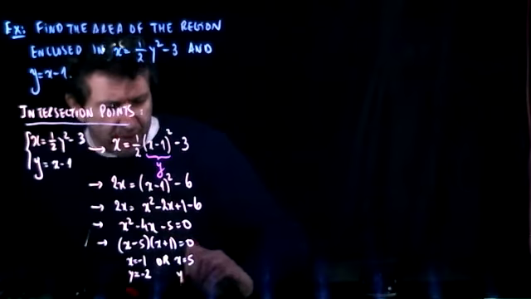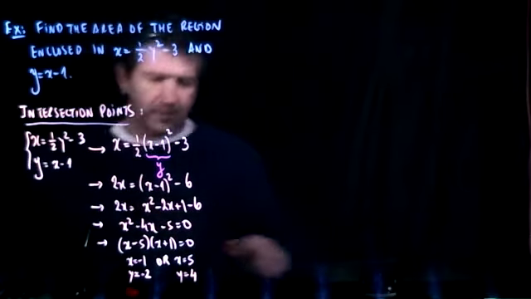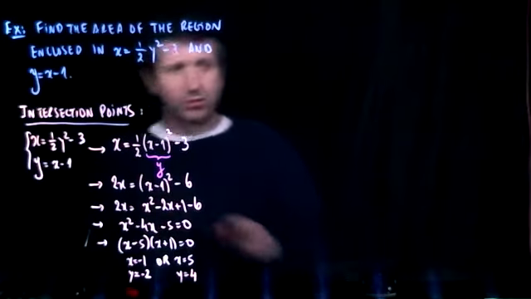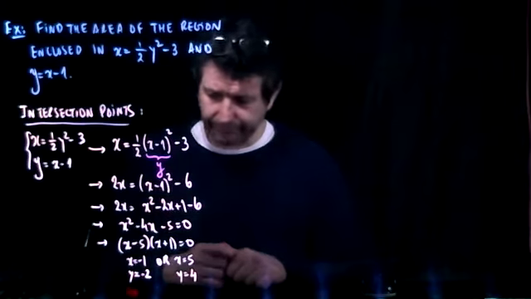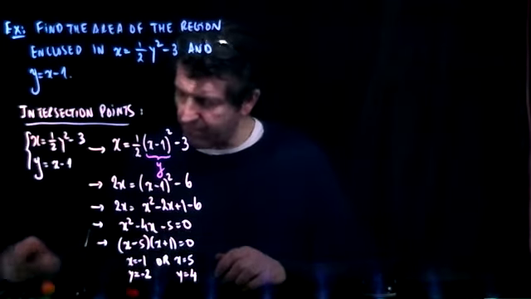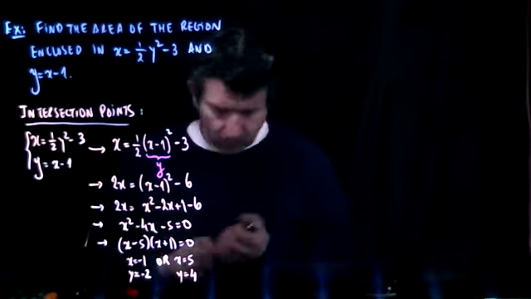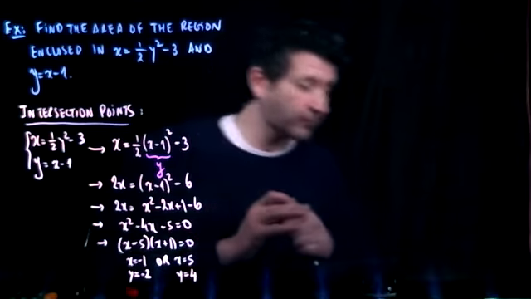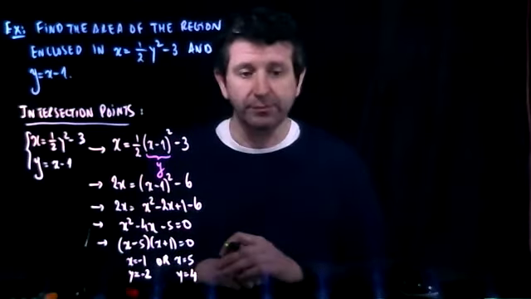And if x is 5, 5 minus 1 is 4. And so these are my intersection points: (negative 1, negative 2) and (5, 4). Any questions?